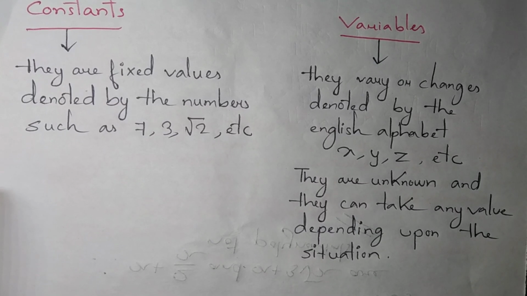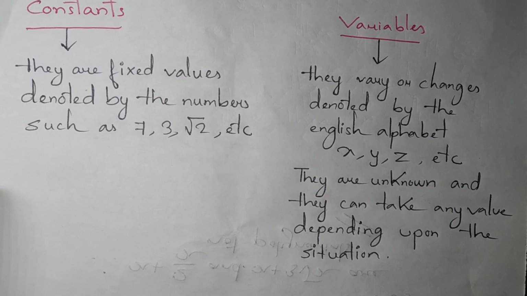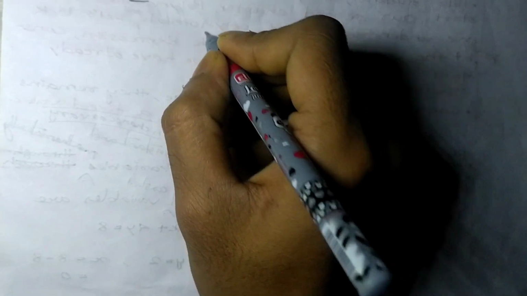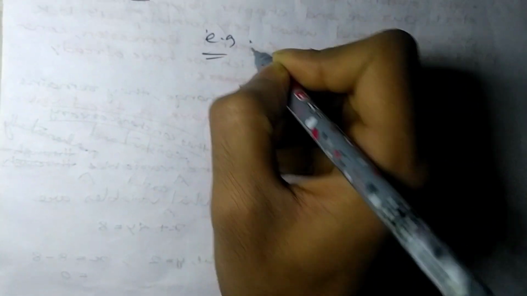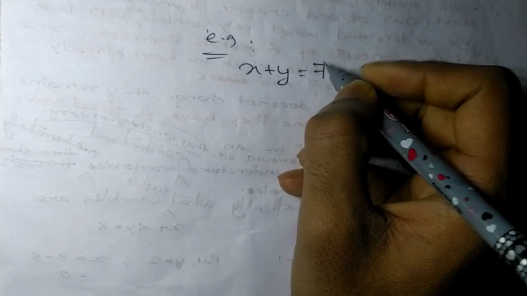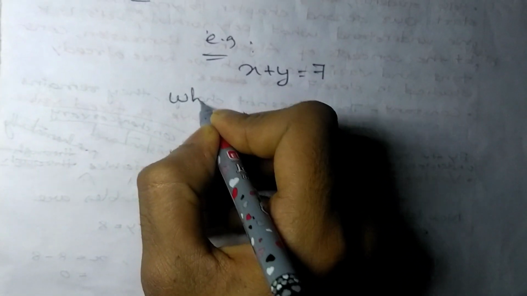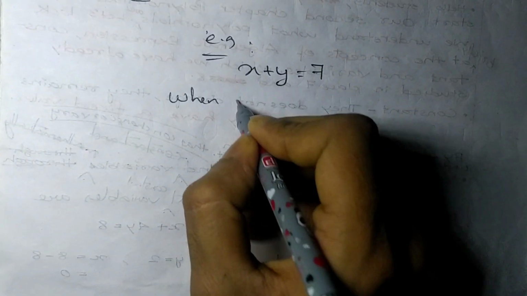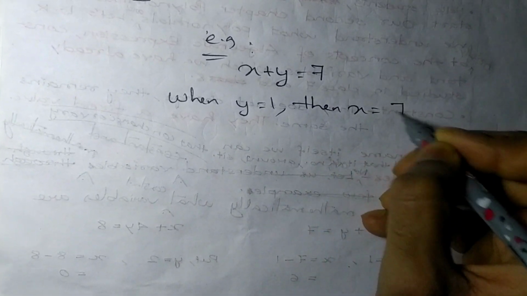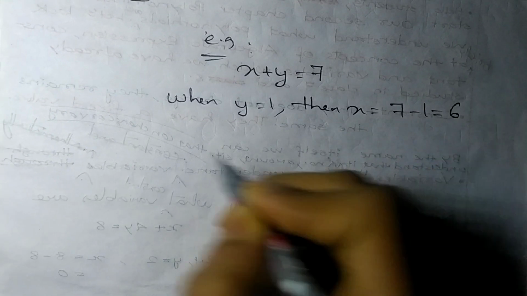Now let us see mathematically what constant and variables are through an example. Now let us consider an example: x plus y is equal to 7. When we put the value of y equal to 1, then x will be equal to 7 minus 1, that is 6.